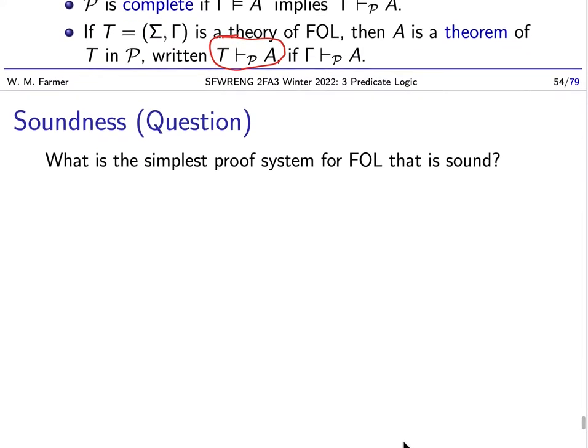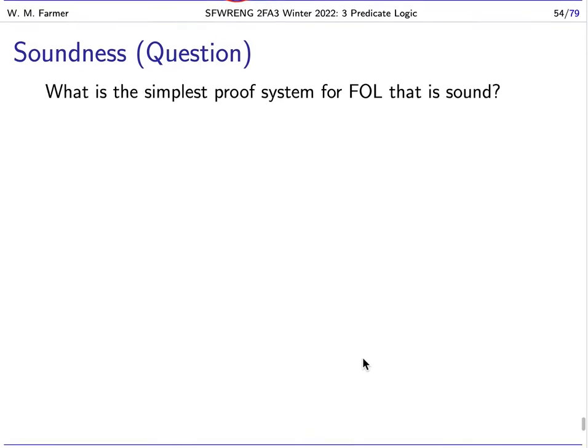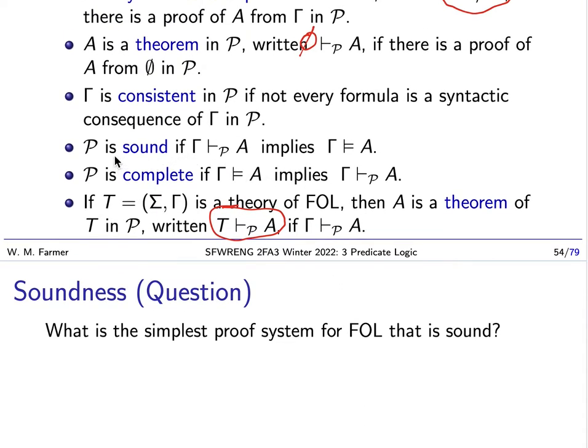Okay, so I have a question for you. What is the simplest proof system for FOL that is sound? I'll give you a moment to think about that. Okay, so let me remind you, a proof system is sound if syntactic consequence implies semantic consequence.